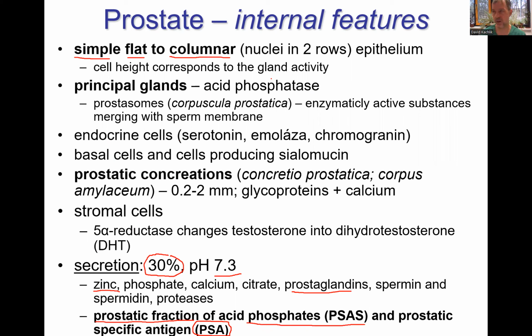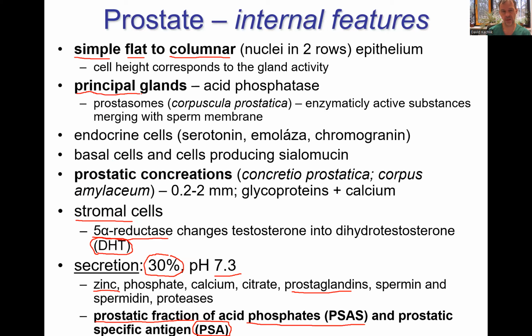It's under the influence of testosterone, and the testosterone, when it comes here, becomes more active when it changes into dihydrotestosterone by the enzyme called 5-alpha reductase produced by stromal cells. So the stromal cells are located in the fibromuscular stroma, and they supply the cells of the glands with dihydrotestosterone, which is more active.